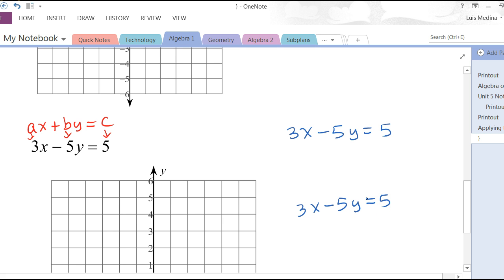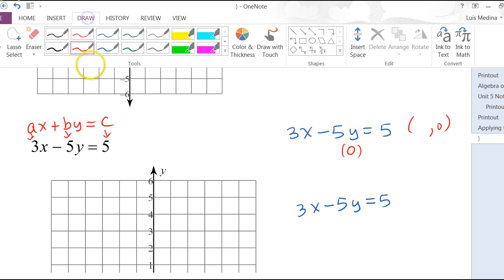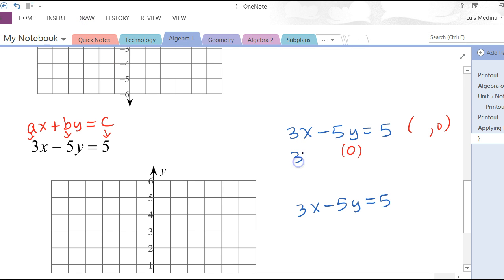Okay, so the first one I'm going to find is the x-intercept. So the first thing that I'm going to do, I'm going to make this 0, okay, and then make my point right here. So my y is 0, right, because I'm making that 0. And then I just bring everything down. So right now 3x minus 5 times 0 equals 5, like that. 5 times 0 is 0, right? So then the only thing that I'm left with is 3x equals 5, right? Bring my 3x, bring my 5.